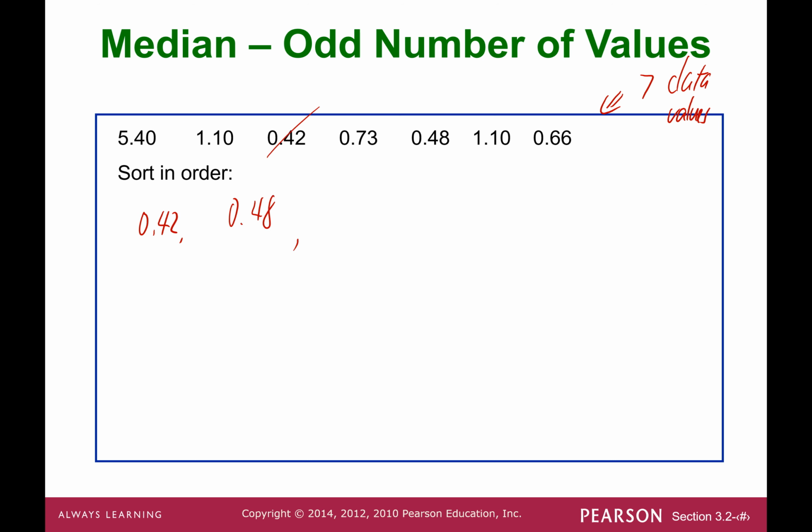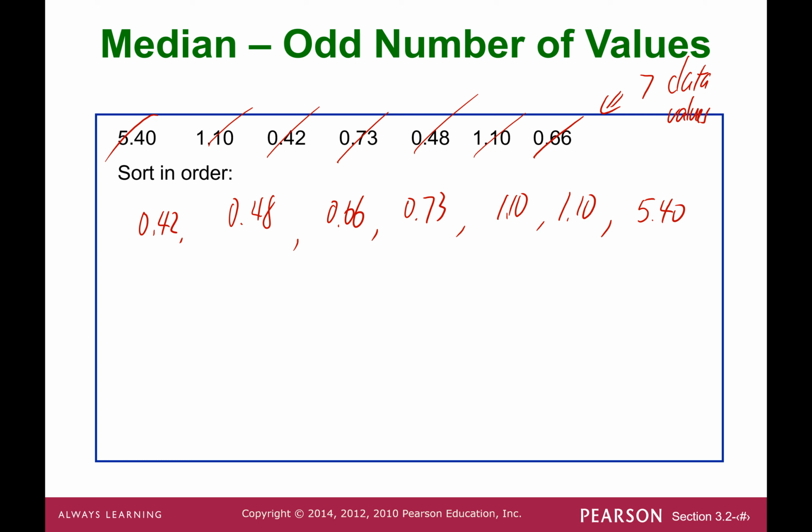If you want, you can cross out the data values you picked. Move on to the next number, 0.66. Cross that out and move on to the next one, 0.73. Then the next two repeating numbers, 1.0, 1.10, and 1.10. The last number is 5.40. So we include all 7 numbers.